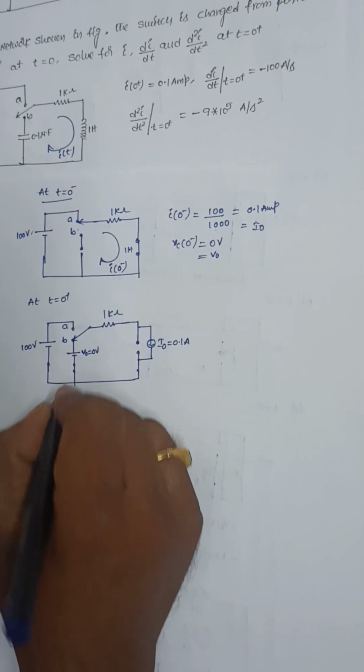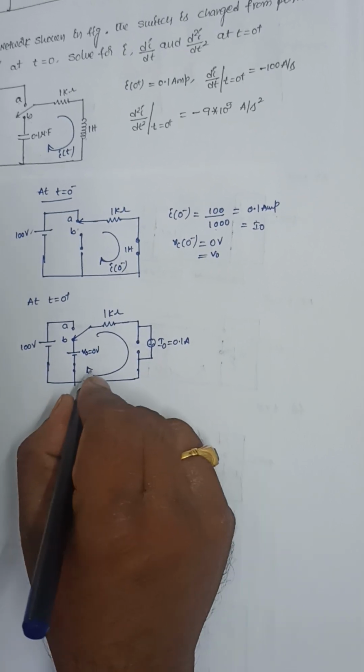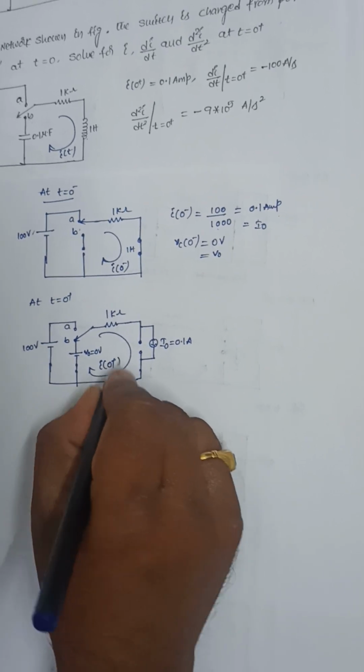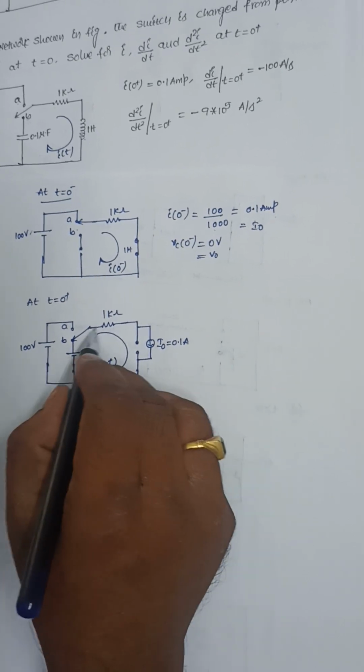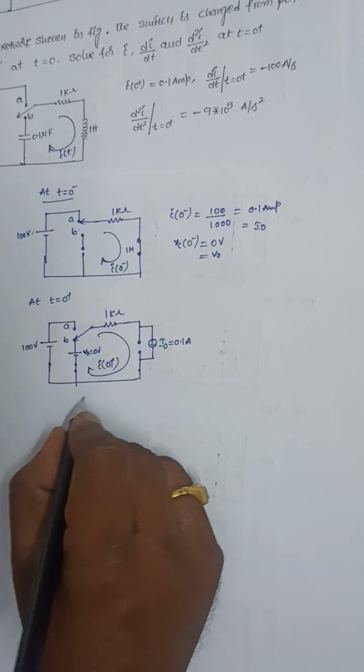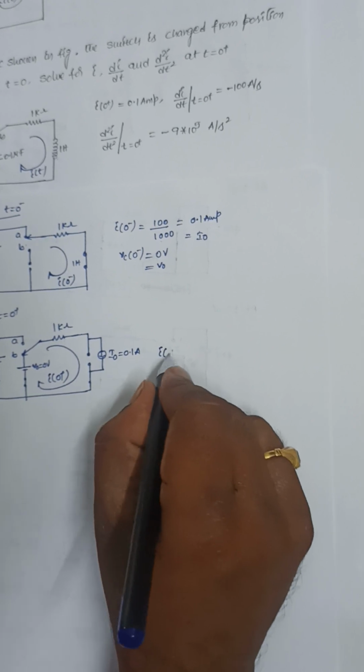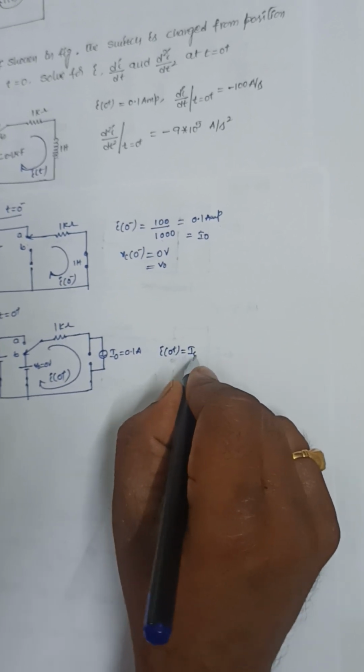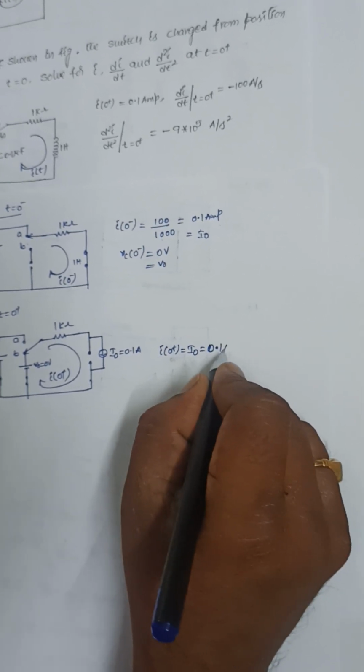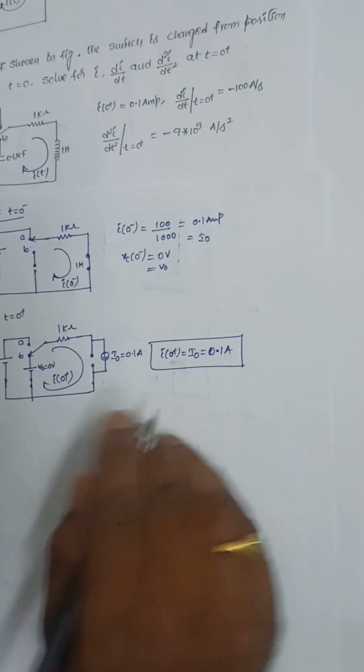That means it will act as a short circuit, and the current will flow like this. So I of 0 plus is equal to I naught, equal to 0.1 ampere. So we calculated this I of 0 plus.